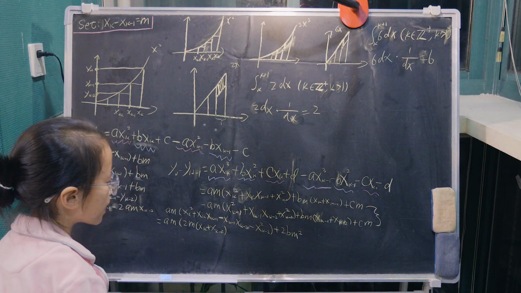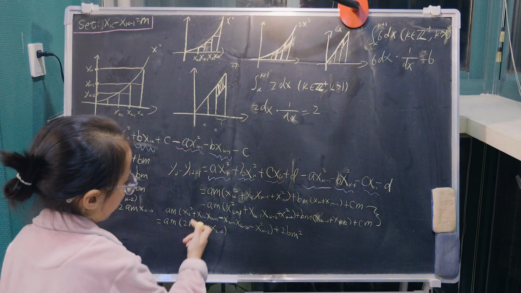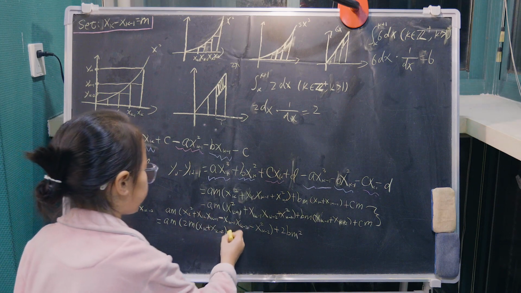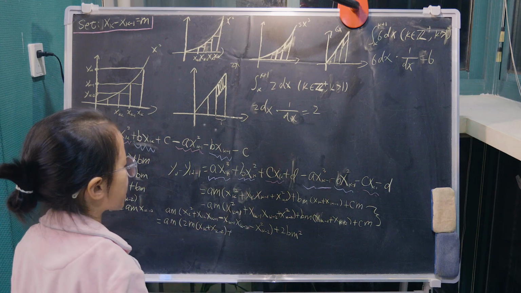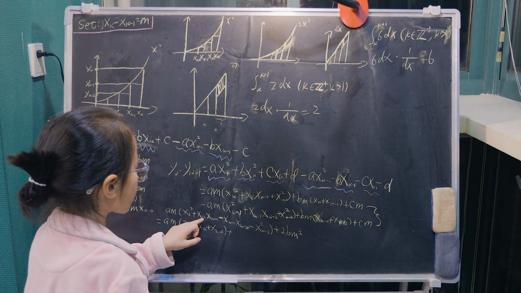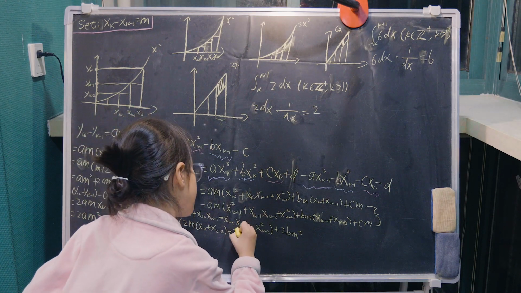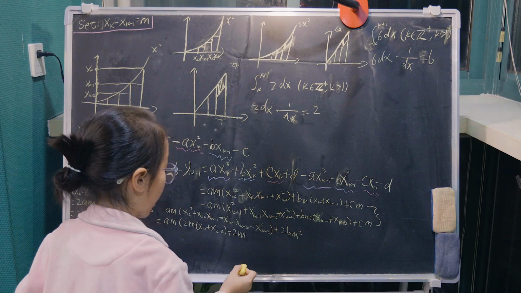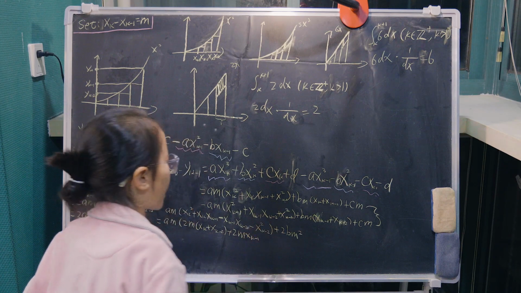Right, okay. And now we think about these two parts. Plus, we can factor out xk minus 1, and then 2m times xk minus 1.